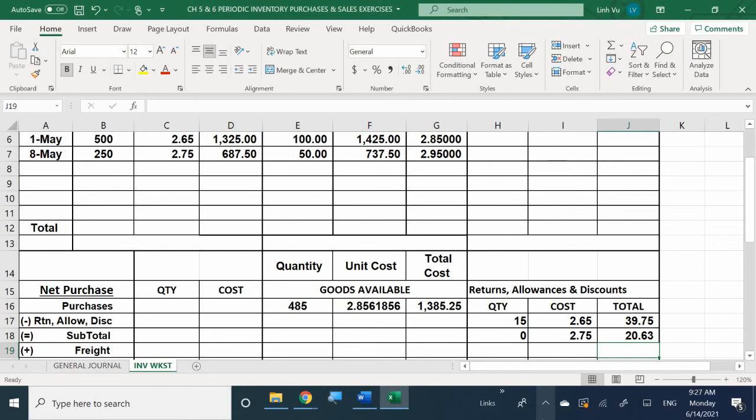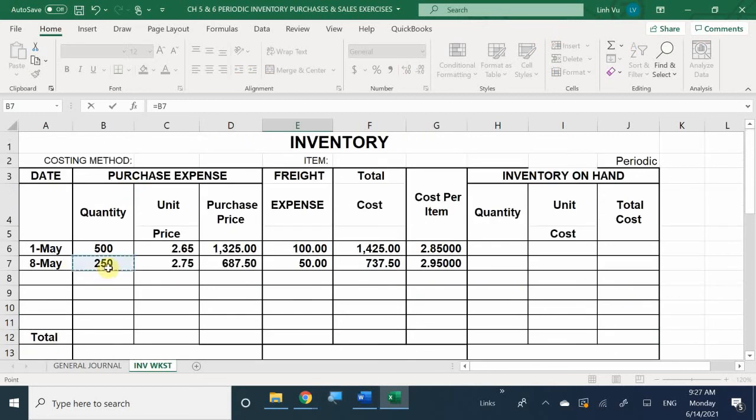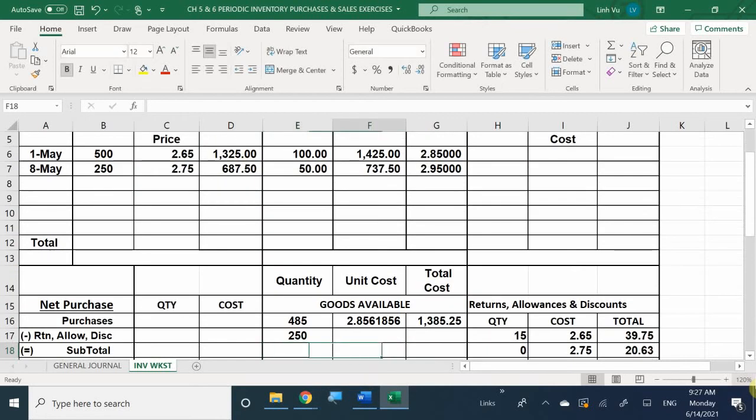Now because we purchased inventory, we basically got an allowance. So in this case, I'm going to transfer that information over because I still have all 250 items. However, I got a discount off of 50 of them.